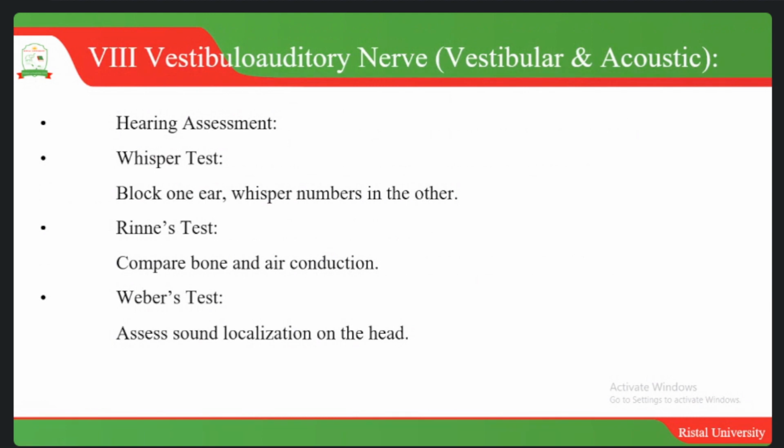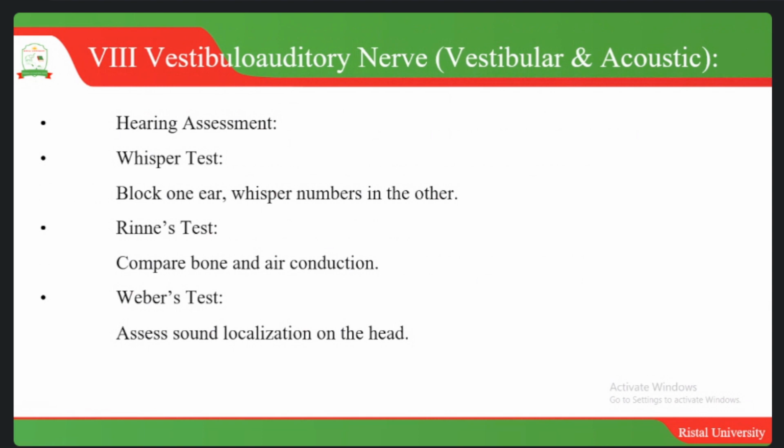When you look at the vestibular and the cochlear nerves, we can also tell what is happening. This can be done in different ways. We can assess the hearing, we can assess with the whisper test, the Rinne's test and also the Weber's test.